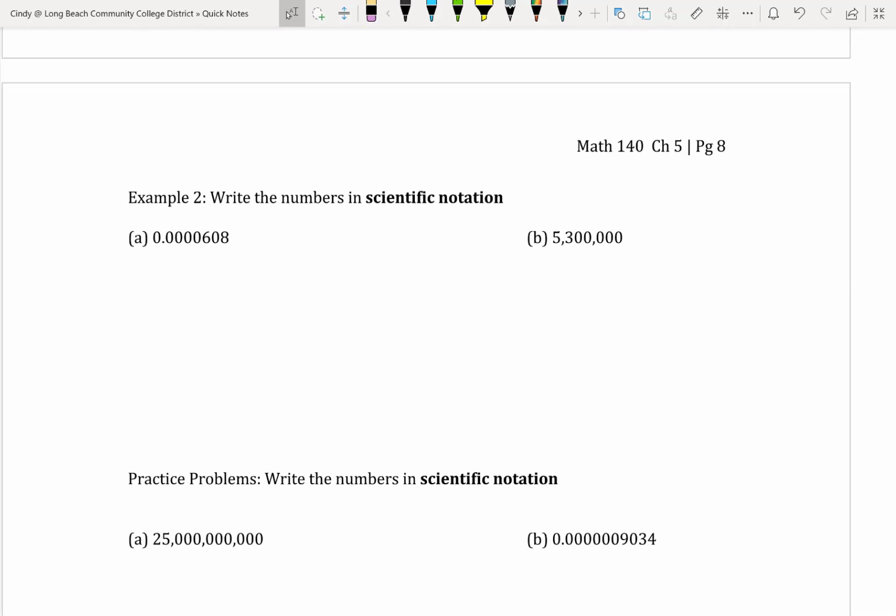But for example number 2, what we want to do is go in the opposite direction. Now we want to write the numbers in scientific notation.